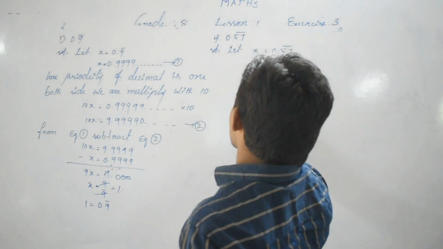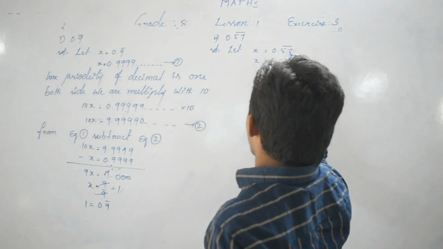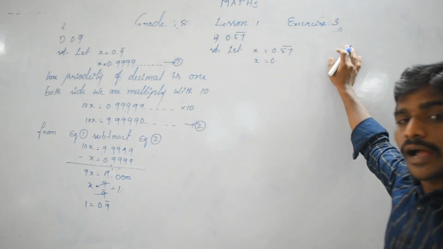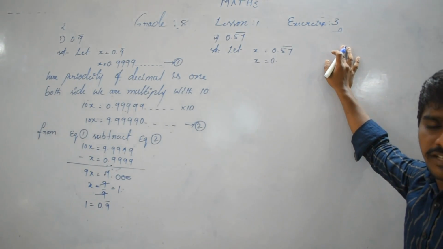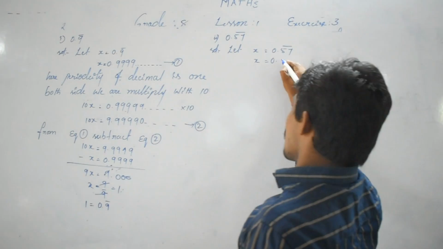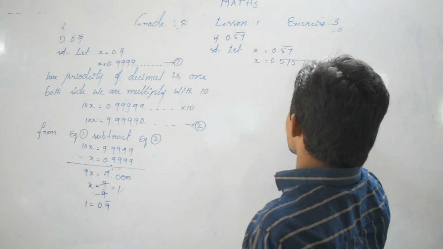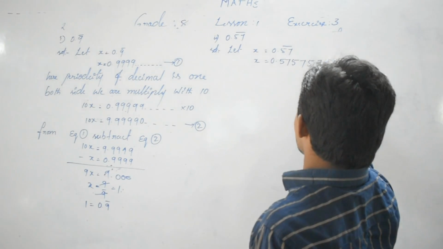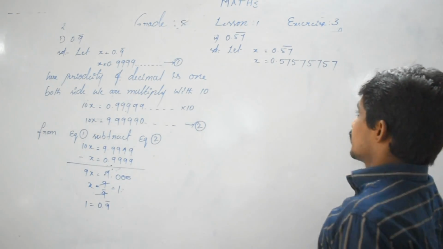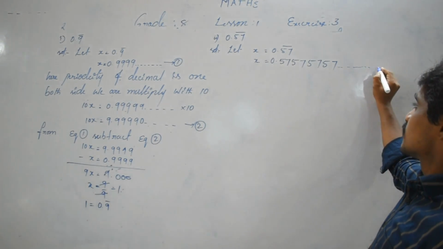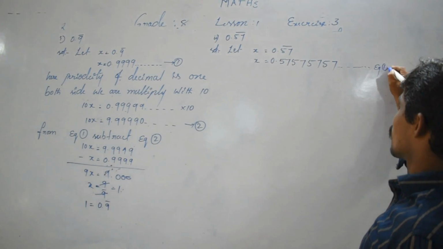So x equals 0. Bar means repeating decimals. So 57, 57, 57, 57. This is equation 1.